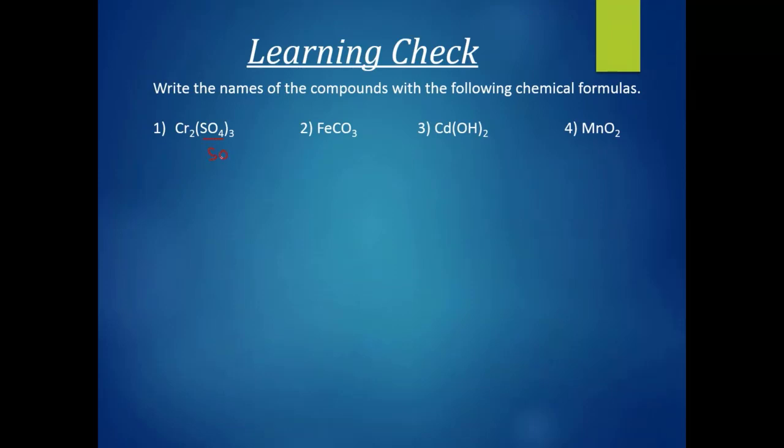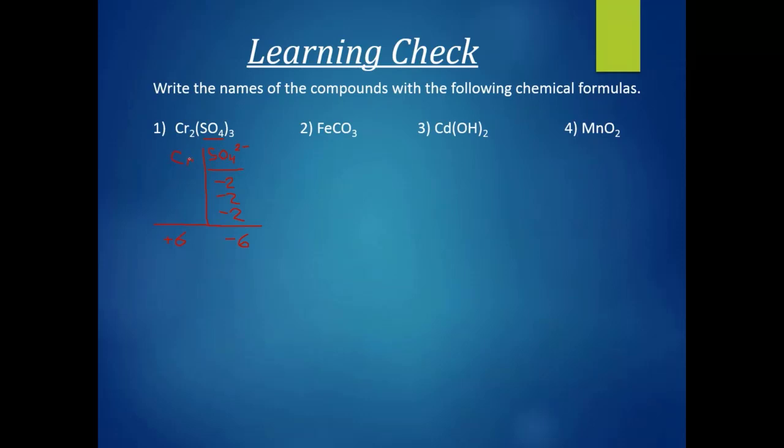Sulfate, of course, is SO4 with a 2- charge, and I have 3 of them. So I have -2, -2, -2. That's going to give me a total of -6, right? On the other side, that means I have to have a +6. And I have 2 chromiums.